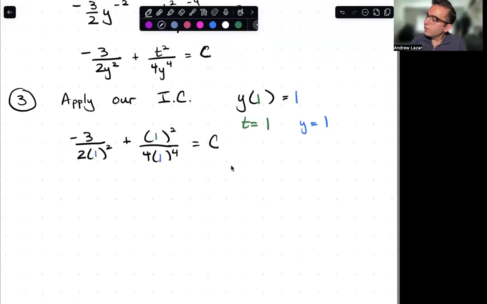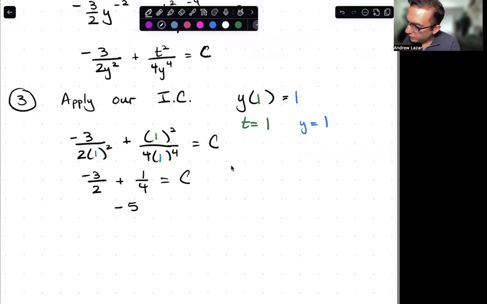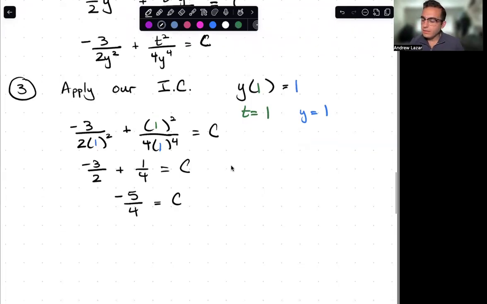So -3/2 plus 1/4 is equal to c, and that would end up being -5 over 4. Okay. So with that, that is your constant for your solution.